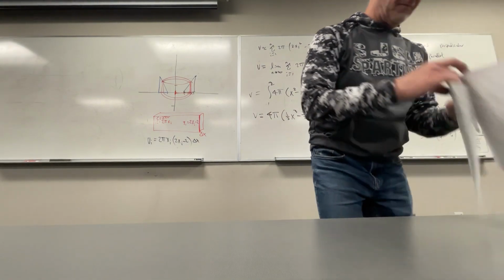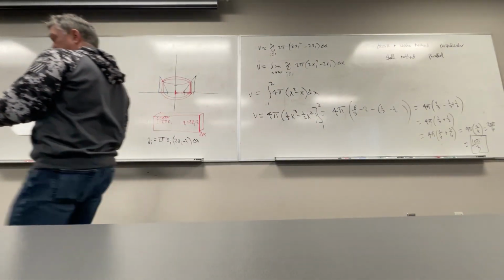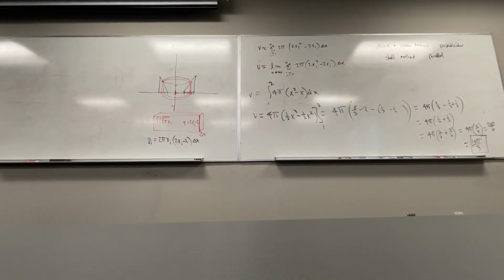Here we go. So we're gonna take the functions y equals x squared, x equals y squared, and whatever is bounded by those functions, and we're gonna rotate this about x equals -1.